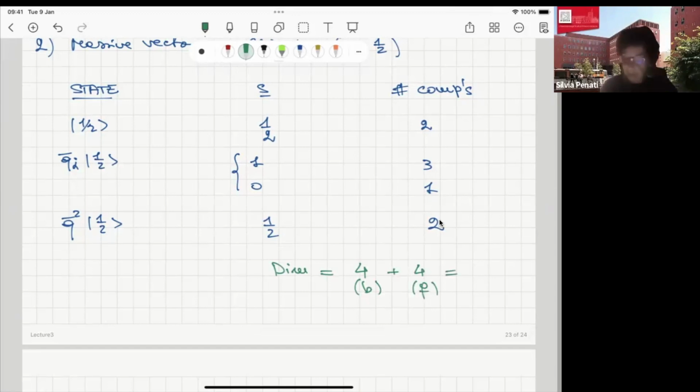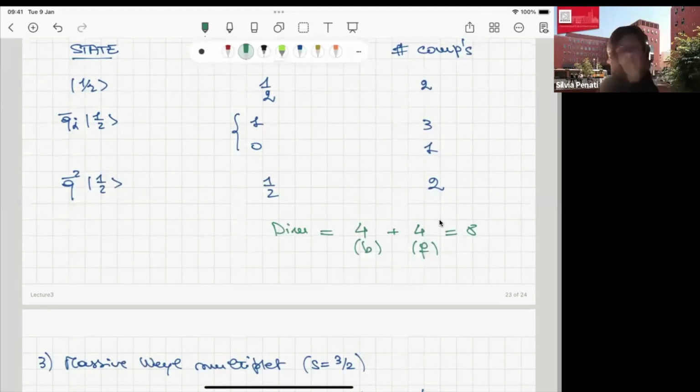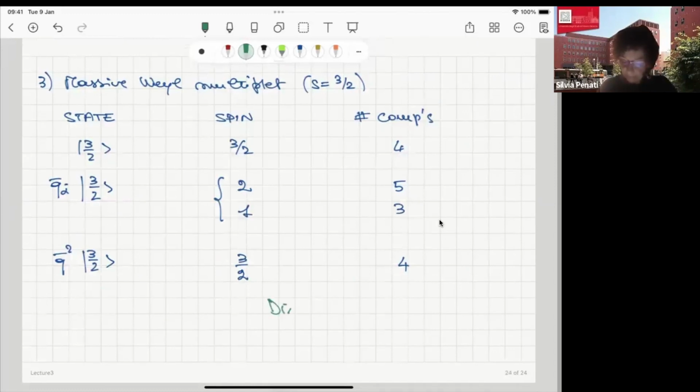So the dimension in this case is 8, but still coming from the same number of bosonic and fermionic components. And finally, let's see what happens here. Here the bosonic states are these ones. So we have 5 plus 3, 8 bosonic states, plus 4 plus 4, 8 fermionic states. So the dimension is 16, but still made by half bosons and half fermions.